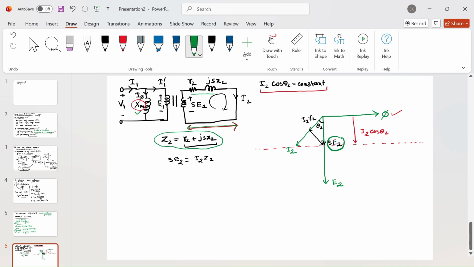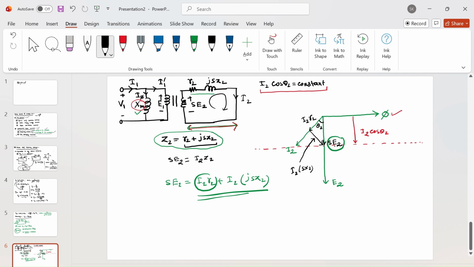If you apply KVL in the loop, you will get SE2 equals I2 R2 plus I2 jSX2. The resistance drop will be in phase with the current, so this is I2 R2 in phase with the current I2, and this black one is I2 SX2.